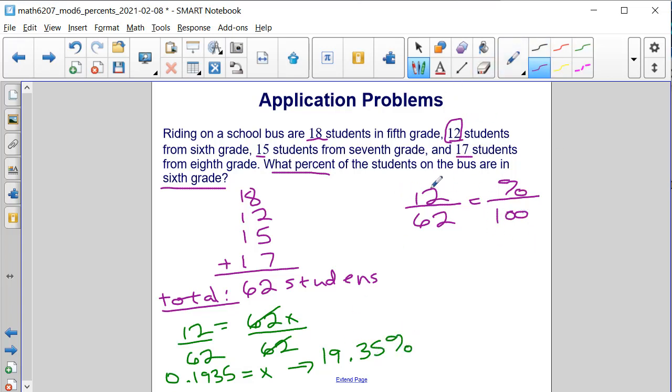And if we were to cross multiply, we would get 1200 equals 62x. I'll replace the percent sign here with an x.